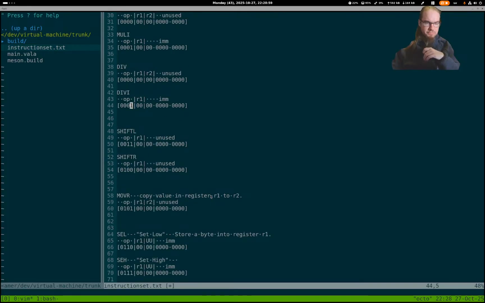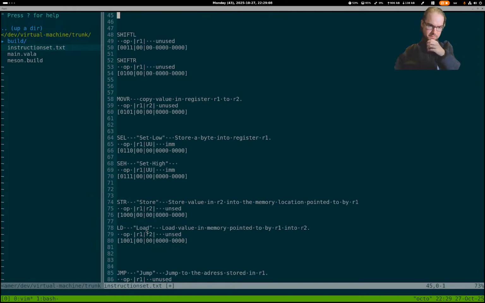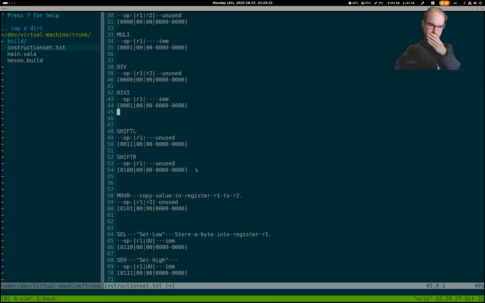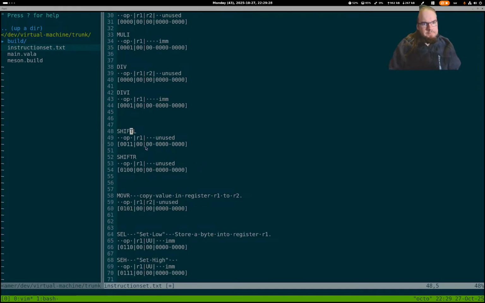That means Shift R and Shift L can't be the same.